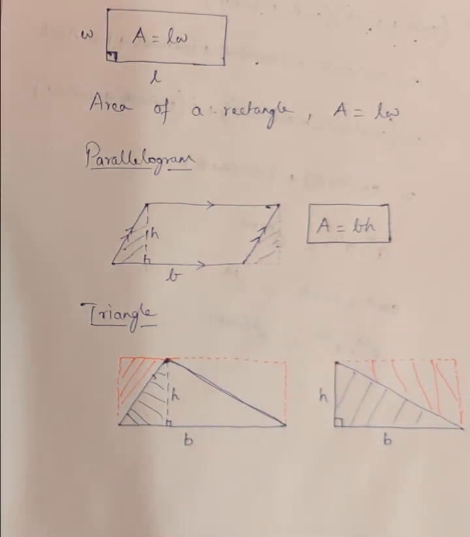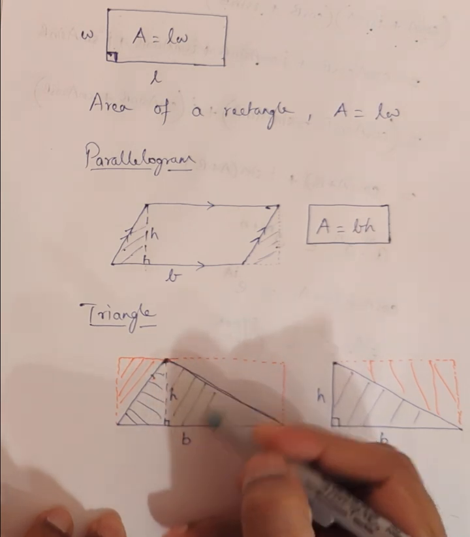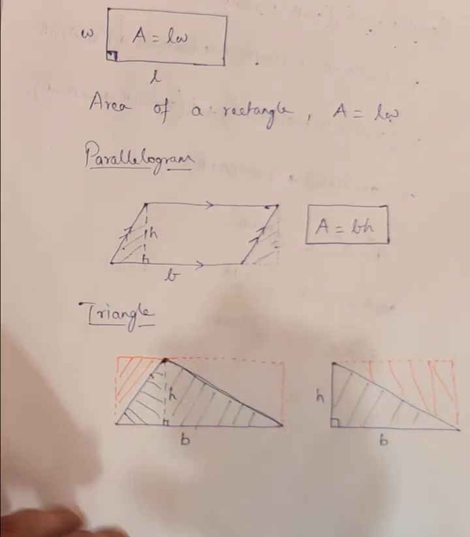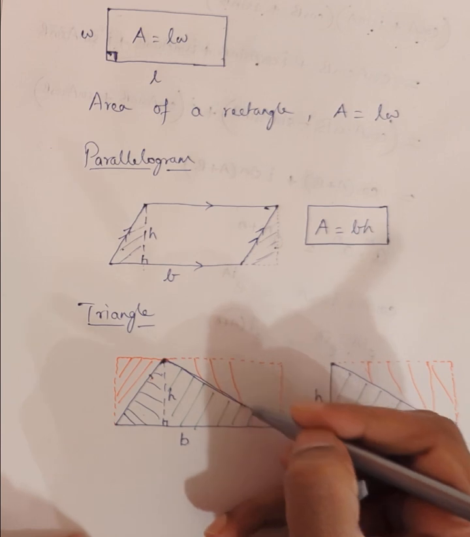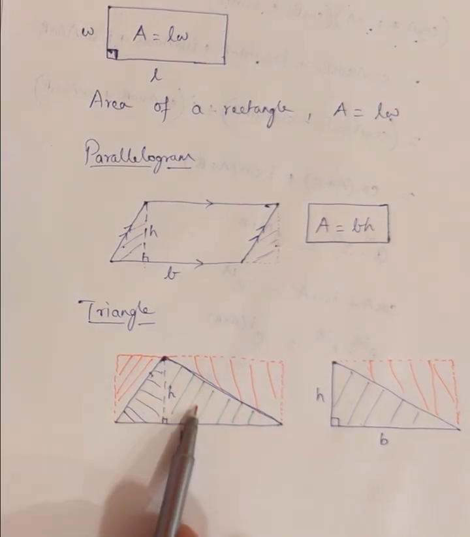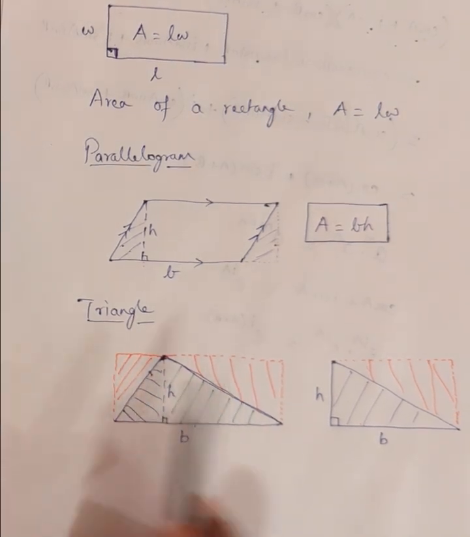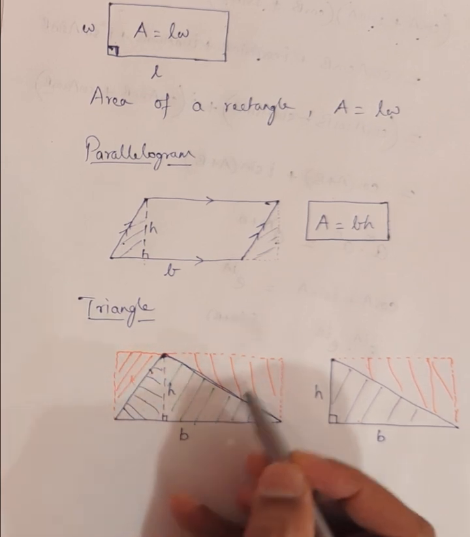So this area is now the same as this area. Again, you can see that these two areas together are equal to these two areas, because these two are same pieces and these two are same pieces.